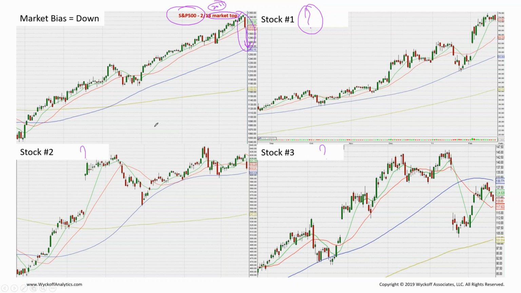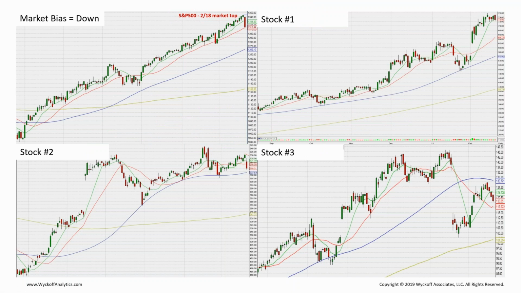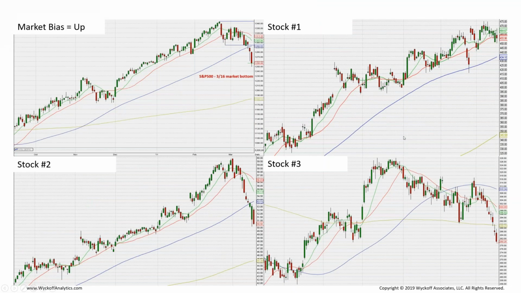You will have to conduct structural and comparative analysis, combine them together and make your selection as to the stock or maybe multiple stocks. Any questions on the homework?